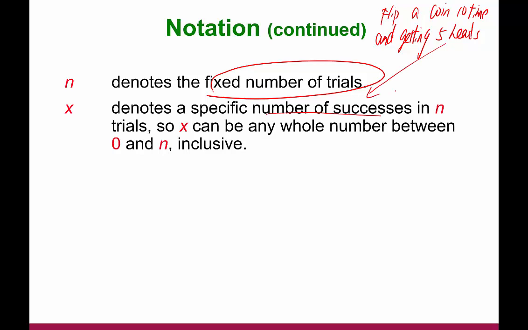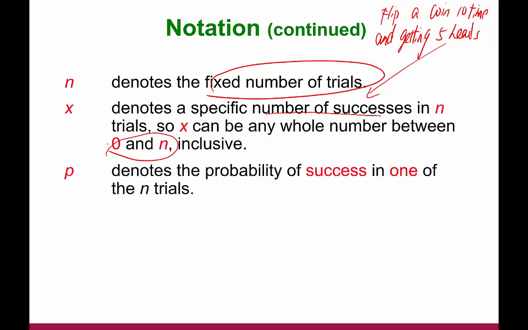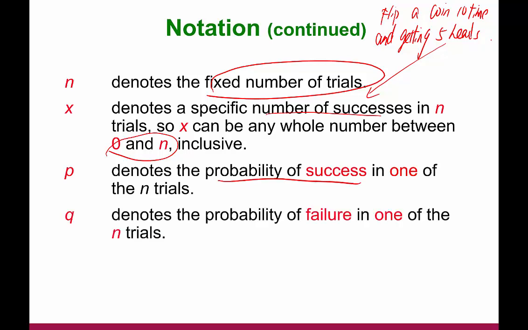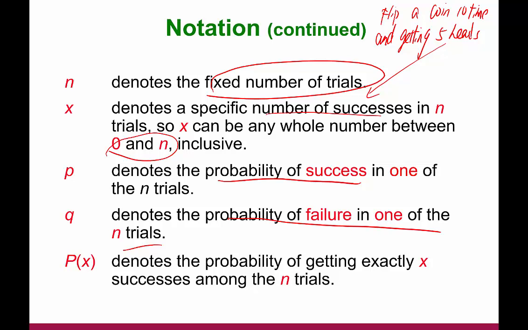So x could be any whole number between 0 and the sample size n. p represents the probability of success, or probability of head in this coin case, in one of the trials. q represents the probability of failure in one of the n trials. P(x) represents the probability of getting exactly x successes among the n trials. Here we're getting 5 heads out of 10 trials.